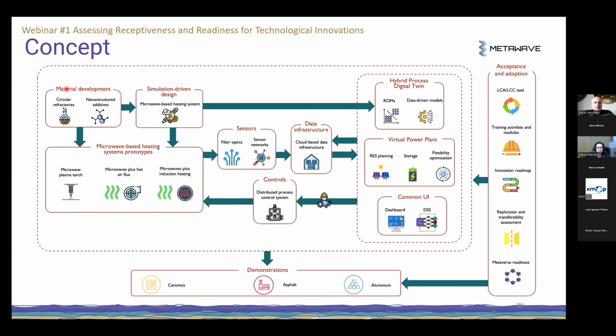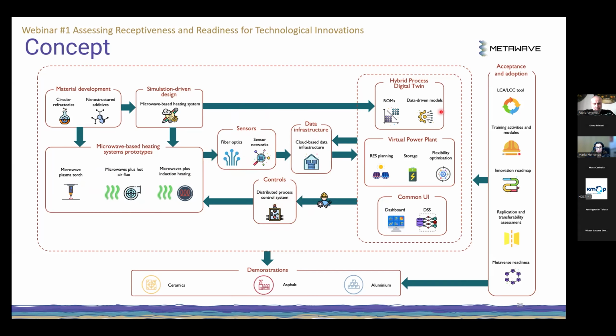So as I was mentioning, we will do some material development together with the simulation-driven design. We will develop the microwave-based heating system prototypes, which are the three main technologies. We're also developing different types of sensors, as well as a data infrastructure, together with a distributed process control system for these technologies.